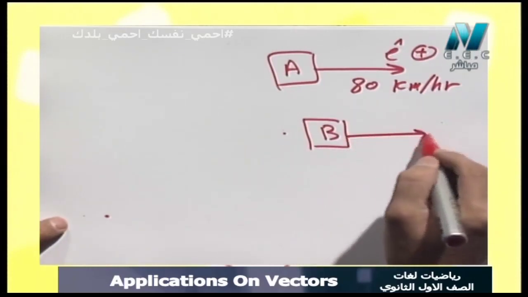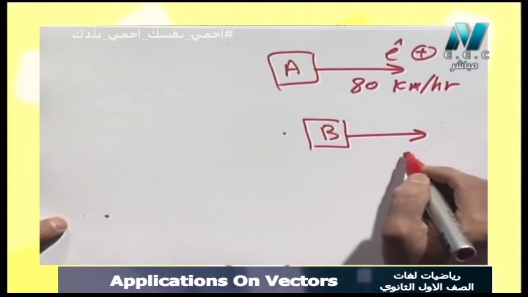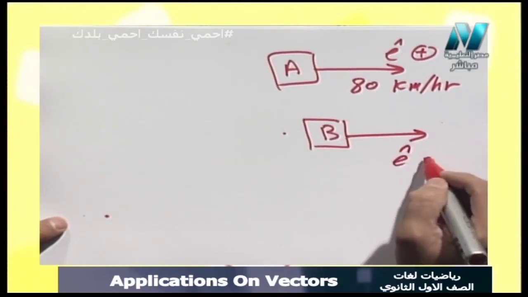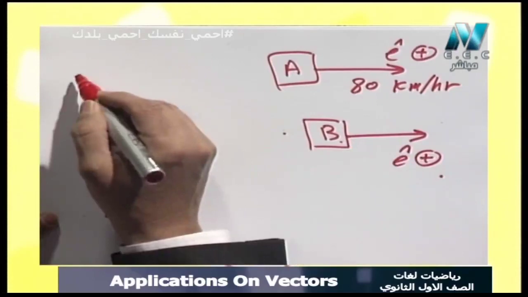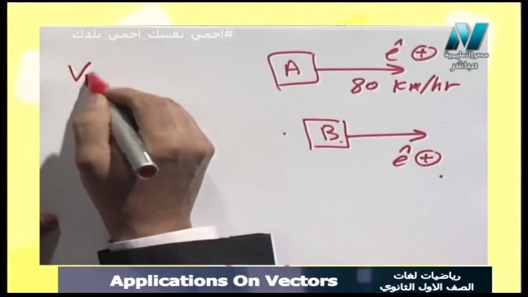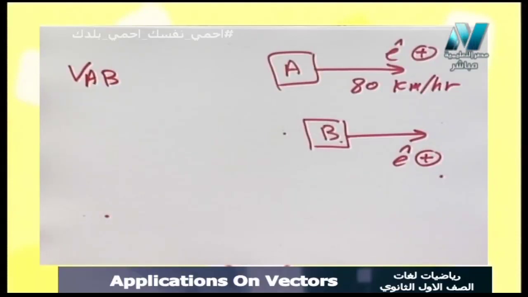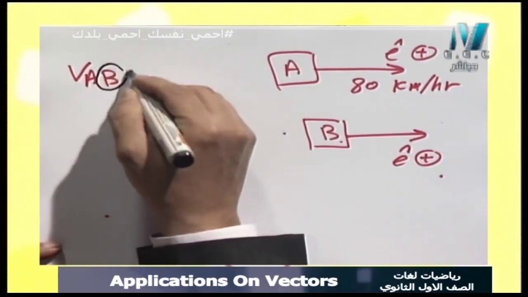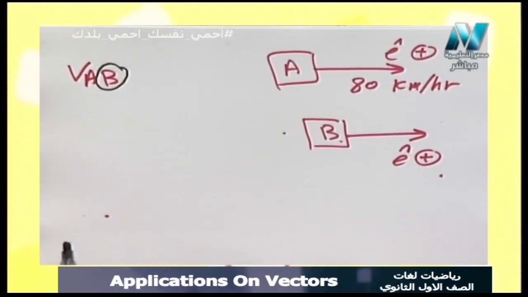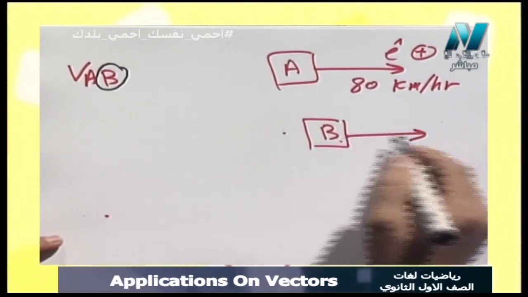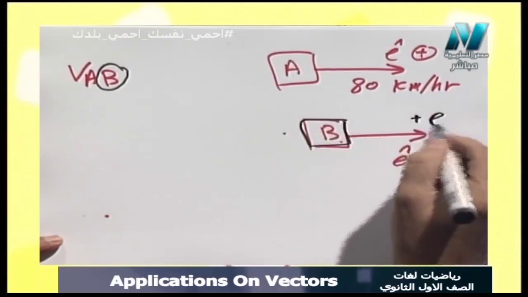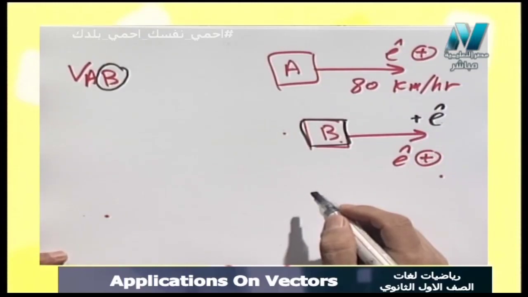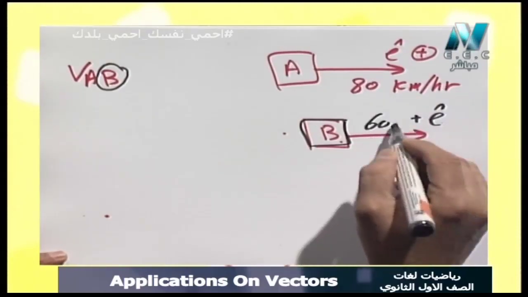So the car B here is the observer, and its direction is the positive direction. Okay, and we will write VAB. Notice that we will fix B, the observer, as the last car to be easier for you, and we will also fix the direction of the observer B as the positive direction, and its velocity is 60 km/h.